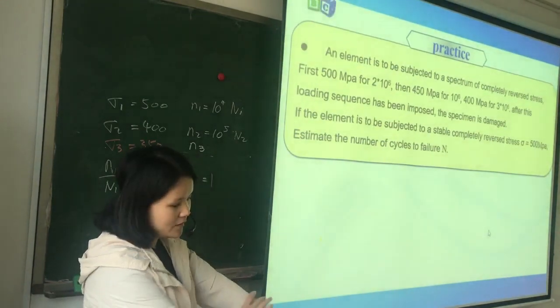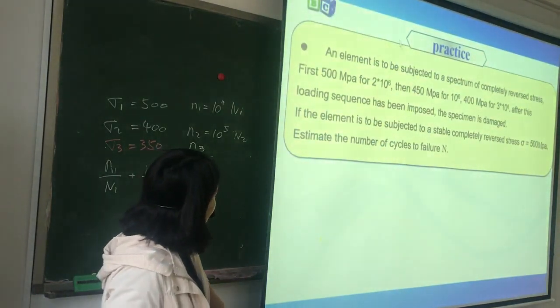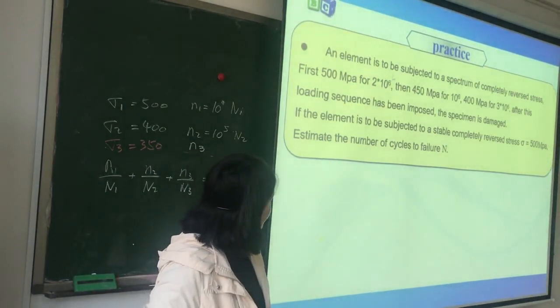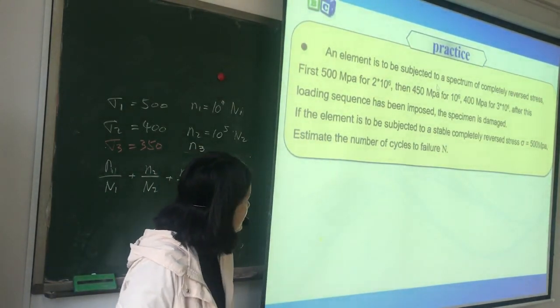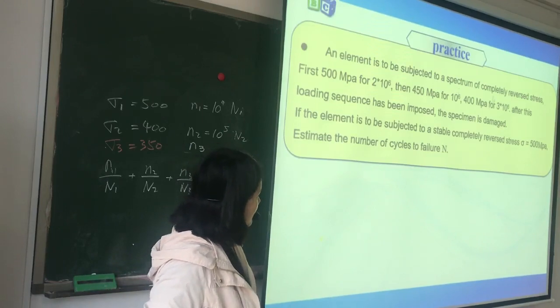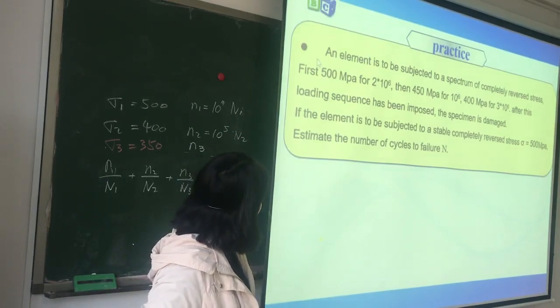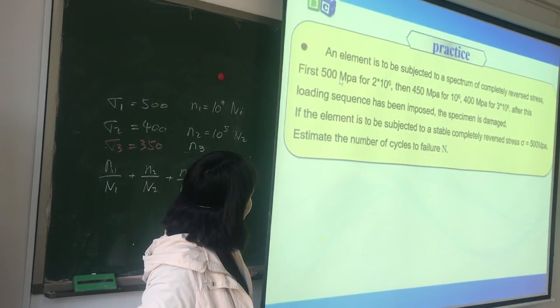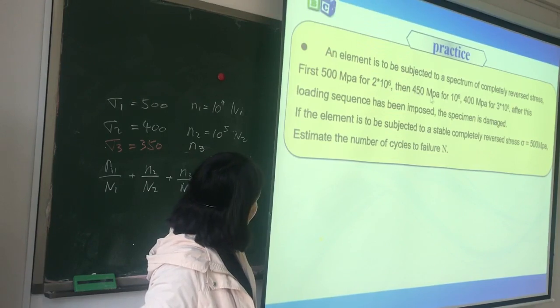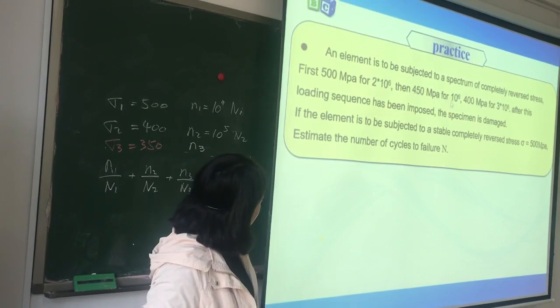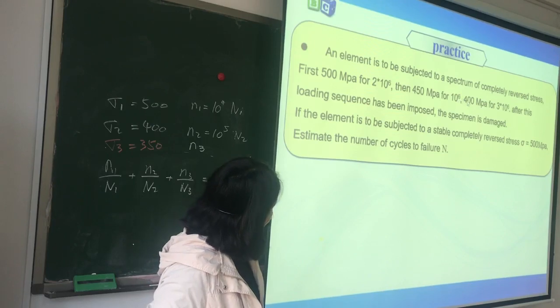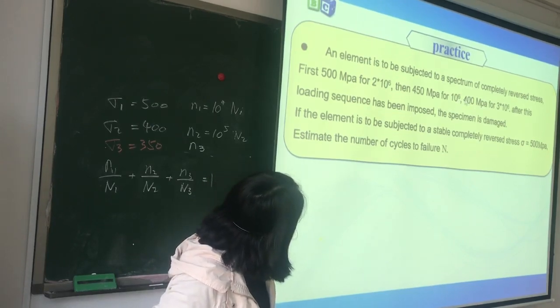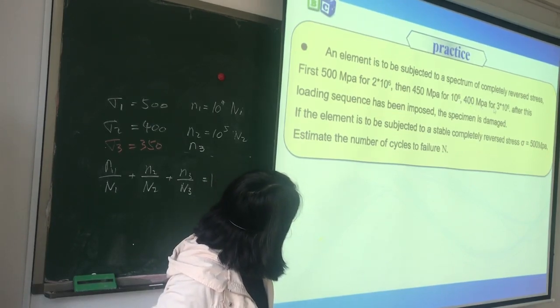So we have a practice. An element is to be subject to a spectrum of completely reversed stress. First, 500 megapascal for 2 times 10 to the 6, then 450 megapascal for 10 to the 6, and 400 megapascal for 3 times 10 to the 6.